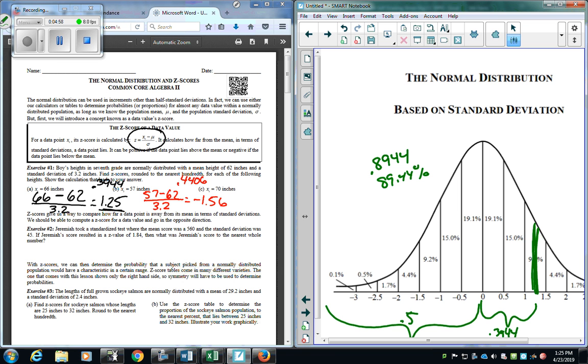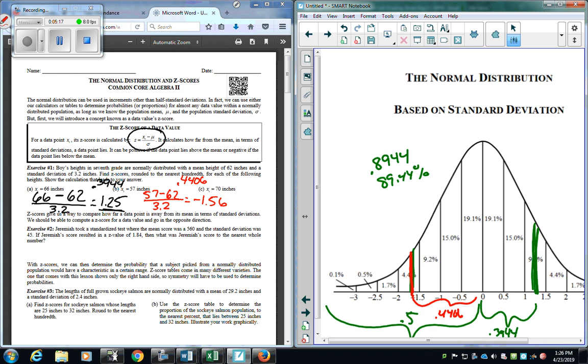In the case of the negative 1.56, that is going to fall somewhere in here. From here, I'll do this one in red, from here to the mean, there's 0.4406, or about 44% of the numbers.